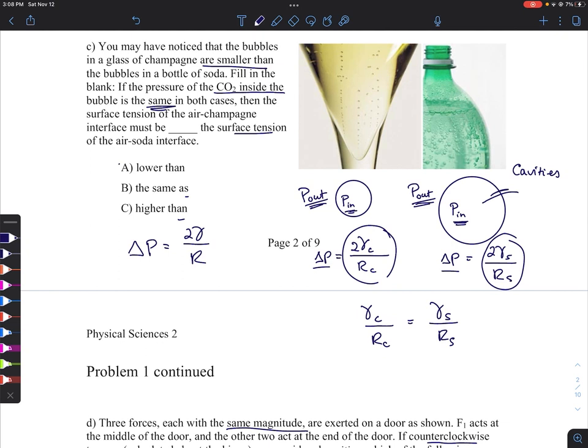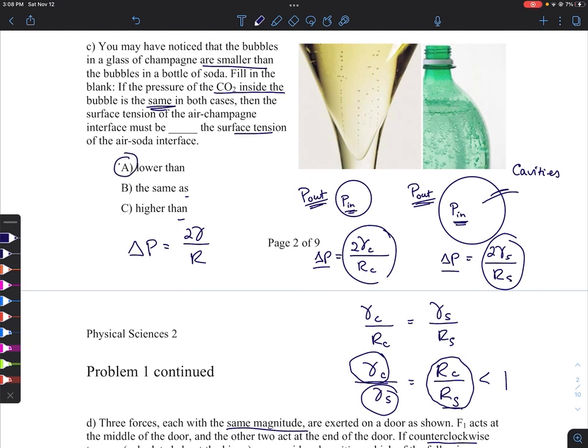So we can rewrite this as gamma C over gamma soda equals R C over R soda. Now, because we know that our champagne bubble is smaller than our soda bubble, this is less than 1. And because this is less than 1, we know that gamma C has to be smaller than gamma S.